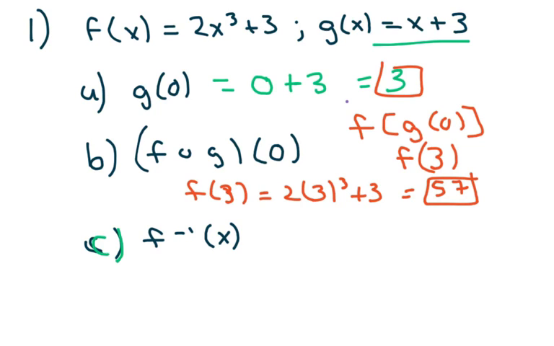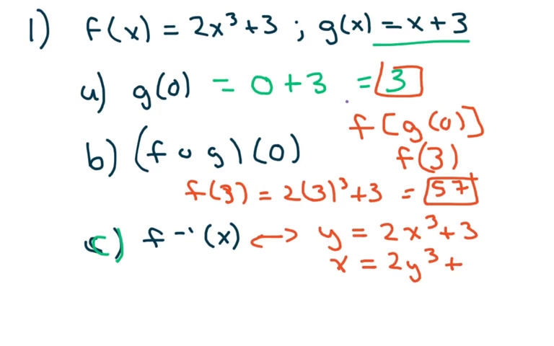And then they want you to find the inverse. So basically, to find the inverse, I'm going to write this with a y, f with a y. Switch the x and the y. And then solve for y. So this is going to be x minus 3 equals 2y cubed.